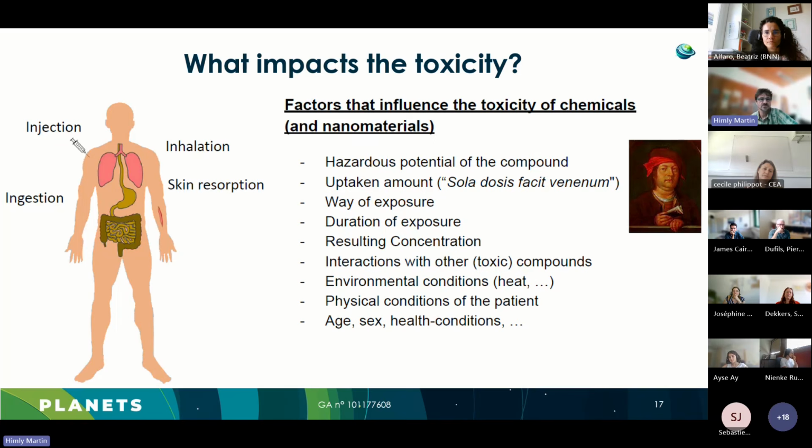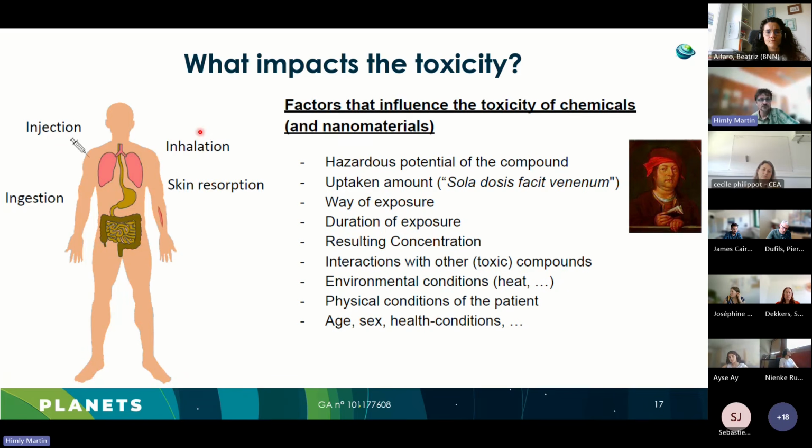It depends on which route of administration we are exposed to, whether via the skin, the inhalation, the injection, or the ingestion mode. I mean, there are big body surfaces. The lung surface is like a tennis court in people, versus the skin, which is a very small area, of course.